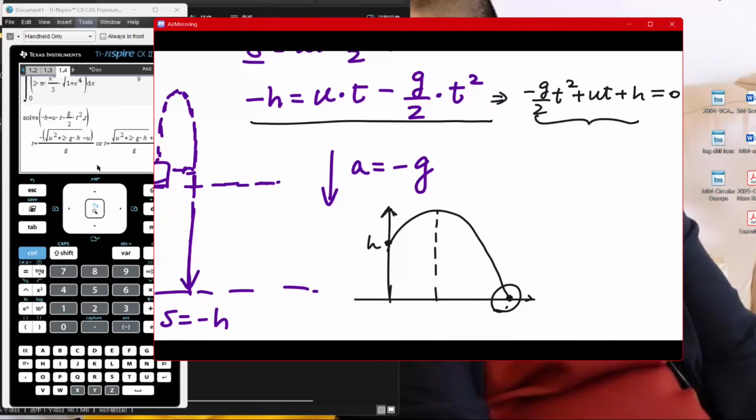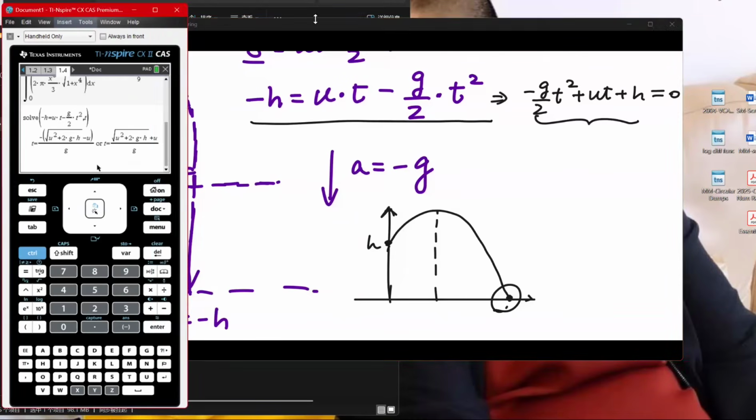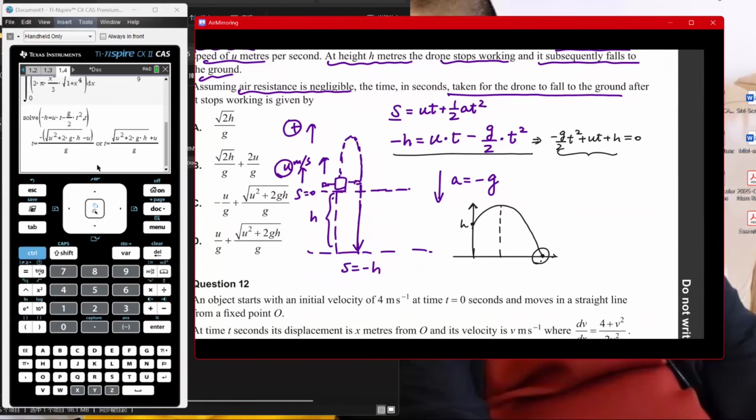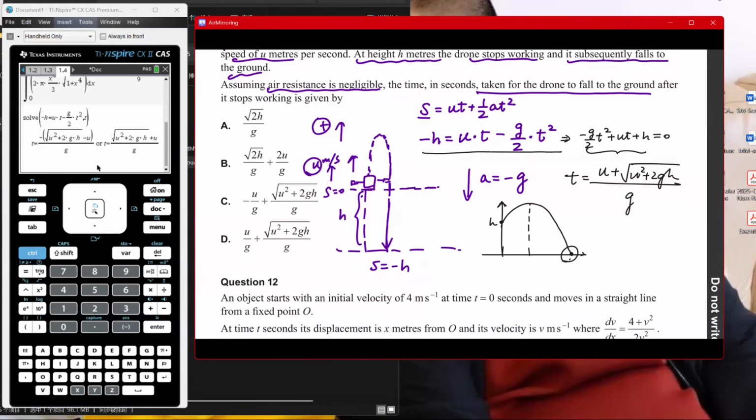So you have t equals u plus square root of u squared plus 2gh, divided by g. For those of you taking physics, you might have derived a similar formula before when you're learning projectile motion, etc. But I think the focus here is understanding the graphs and also the procedure, okay? So I'll say the answer should be option D.